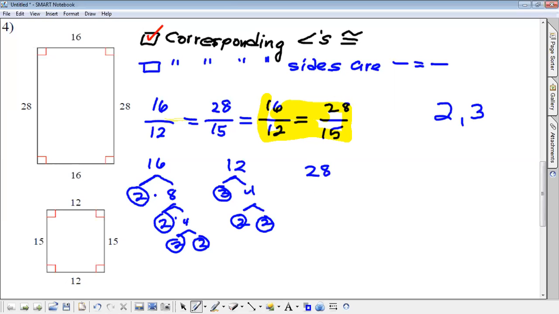Factor of 28, can I use 1 or 28? Good, I got 4 and 7. Factor of 4, can I use 1 or 4? 2 and 2, and I know that 2 is prime.